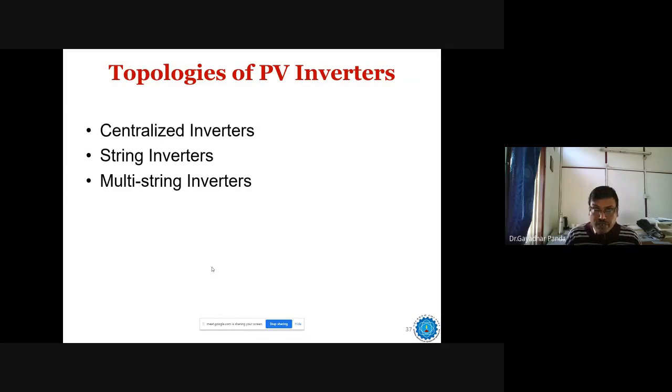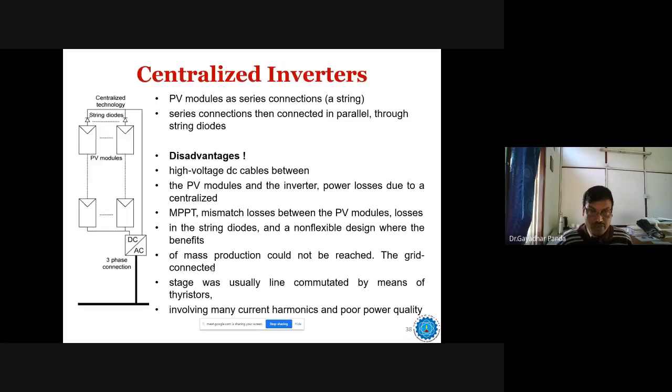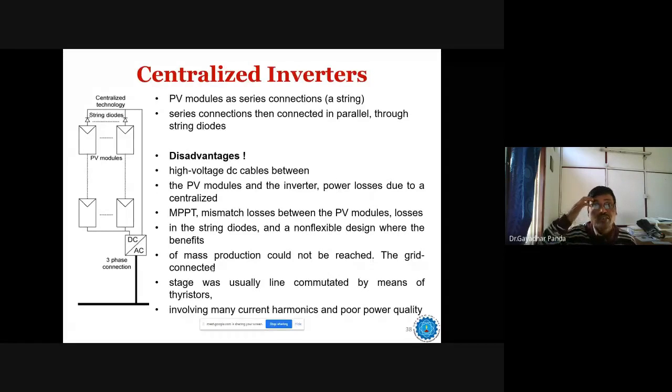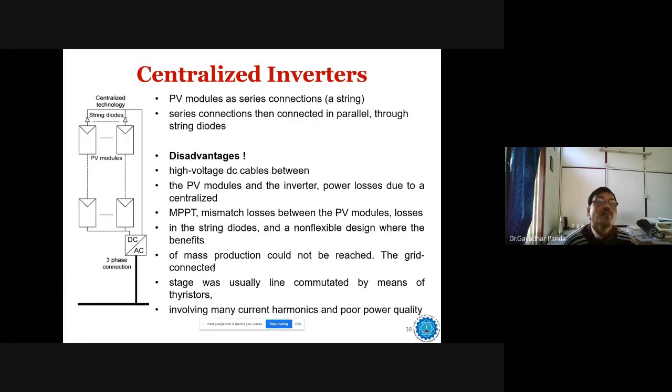Then different types of PV inverters. We know these: centralized inverters, string inverters, multi-string inverters. Each has advantages as well as disadvantages. If you go for centralized inverters, that means only one inverter system for all PV.